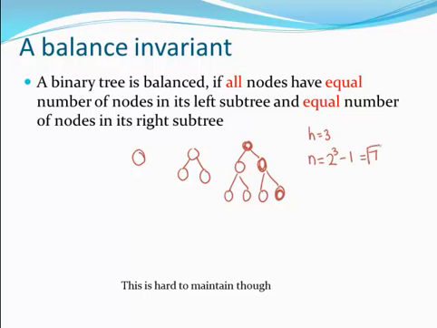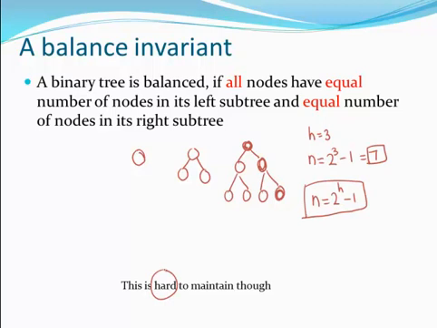That seems very difficult to enforce, as the tree needs to satisfy exactly this equation in order to be balanced. In other words, n equals 2 to the h minus 1. This is really hard to maintain.